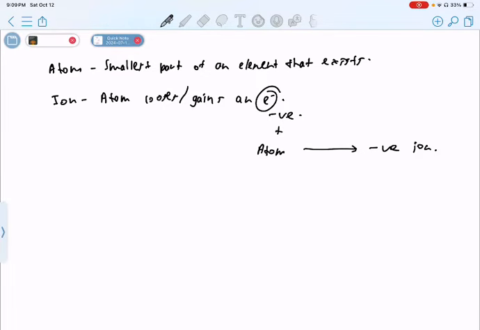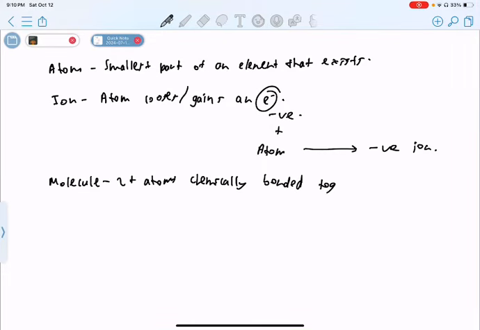So what is a molecule? A molecule is essentially two or more atoms that have been chemically bonded together. These are the simplest definitions of each of them. And a compound is a substance that combines two or more elements through chemical bonds.